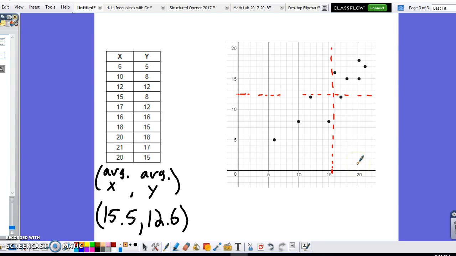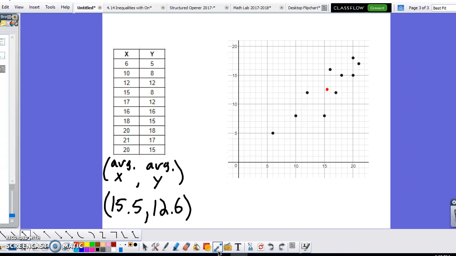If I look vertically, it looks to be about halfway in terms of average, not median, but halfway in terms of average, and on the y-axis as well. These lines here are just here to represent that, but I'm going to actually plot that point right about there. So okay, I calculated the balance point and I plotted it on my graph.